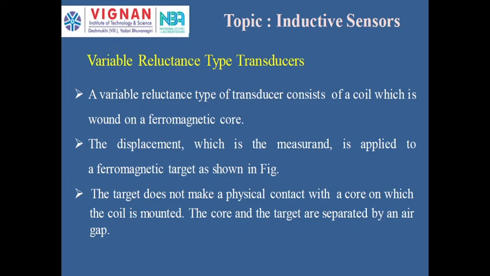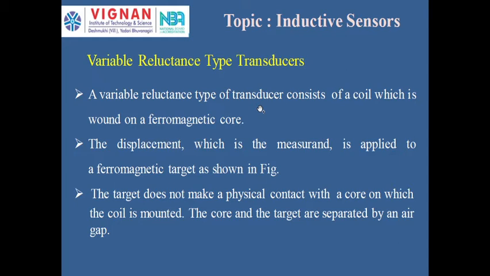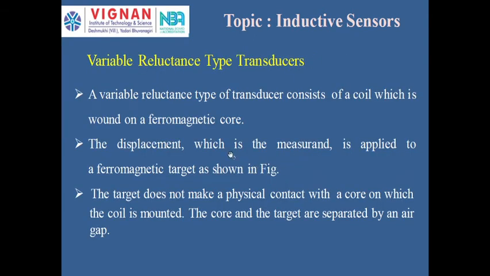This type of transducer consists of a coil which is wound on a ferromagnetic core. The displacement which is to be measured is applied to a ferromagnetic target, as shown in the figure.